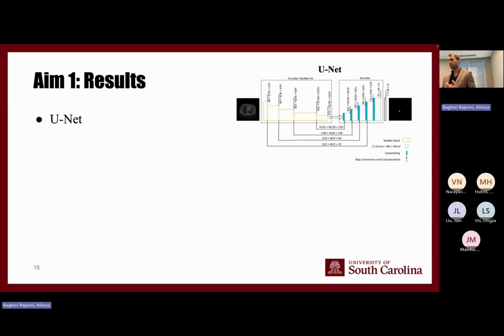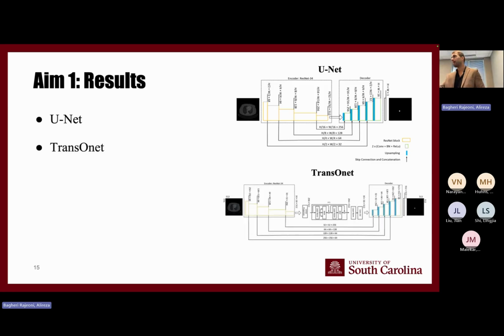UNet is pretty good at extracting the high resolution spatial information, but if we look at the vascular system, there's a continuity in it. So that motivated us to use a transformer too. So what we did, we took the bridge out and we included a transformer there, with a desirable number of transformer layers that a designer can decide, that is L. And pretty much for the rest of it, we used the same encoder and decoder here too.